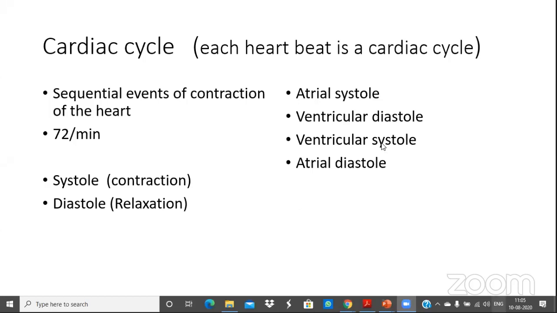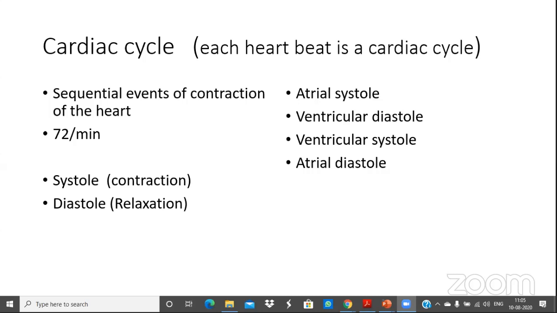After the ventricular systole, during this action, the atrial diastole will happen. That means the atrium relaxes, and the blood enters into the atrium. Simultaneously, the ventricle relaxes. When the ventricle relaxes, the ventricle pressure is lowered.